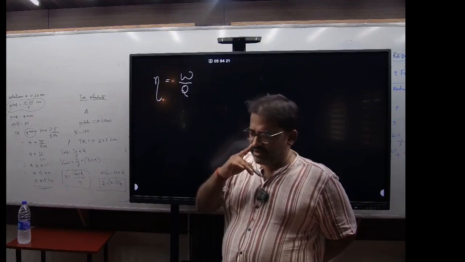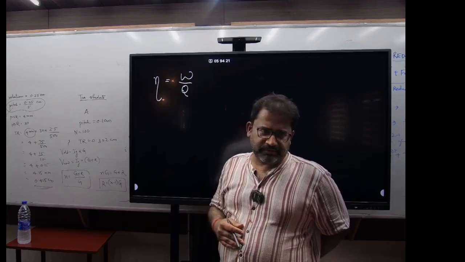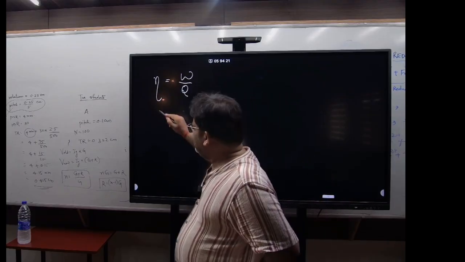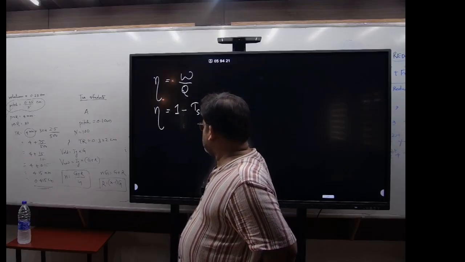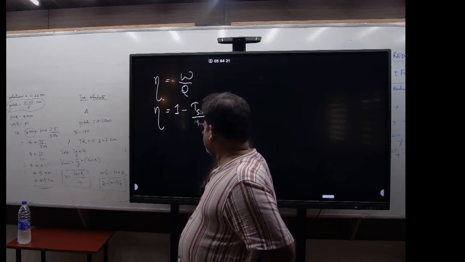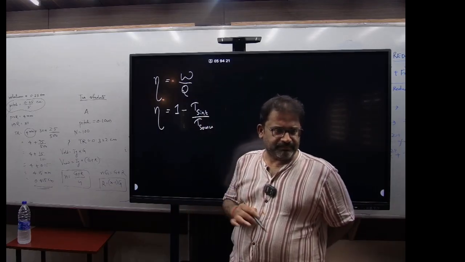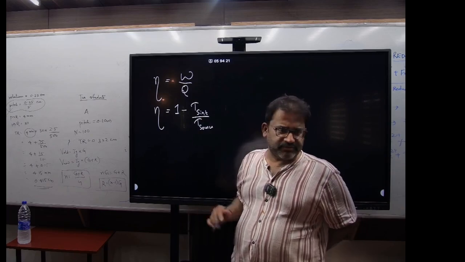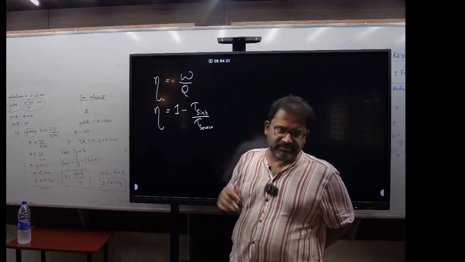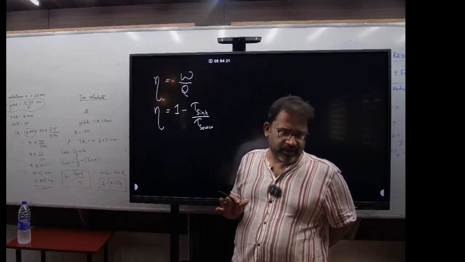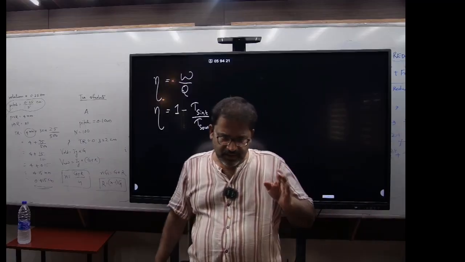But when the Carnot heat engine comes in, that time efficiency is equal to 1 minus temperature of the sink divided by temperature of the source. So remember, normally temperature of the sink will be substituted as T2. Temperature of the source will be substituted as T1. This is what you need to remember here. So eta is equal to 1 minus T2 divided by T1.